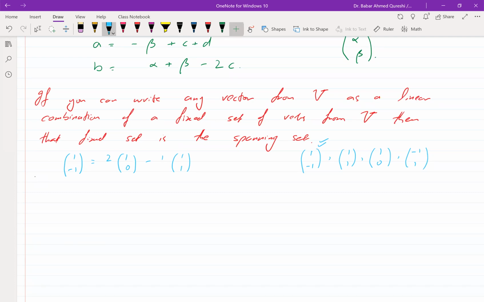So that means this guy is itself made up of two other elements of the set, other vectors of the spanning set.